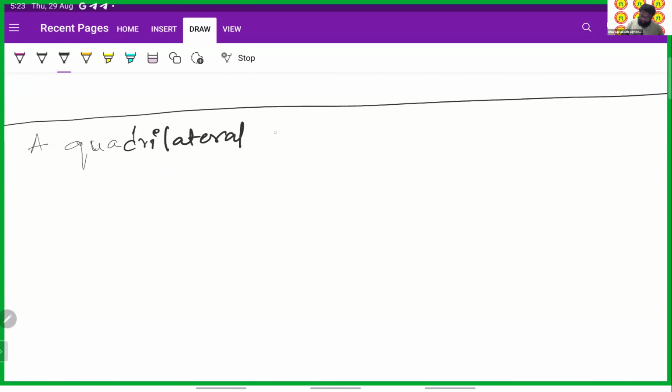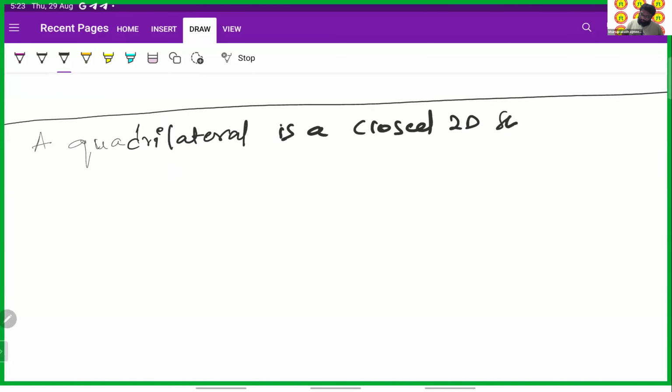A quadrilateral is a closed two-dimensional shape formed by joining four straight sides.